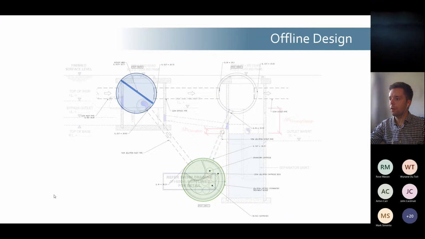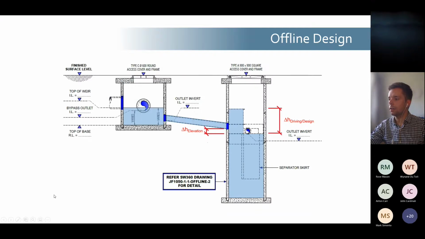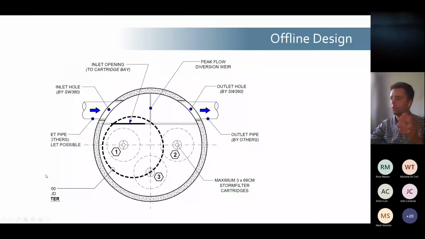But if we're providing you with a peak flow diversion device like a manhole structure, or a StormFilter or JellyFish vault that has the peak flow diversion built in, then because we're building that, it is something we would design in consultation with the requirements of the weir and the implications of the hydraulics of the system that you provide us.